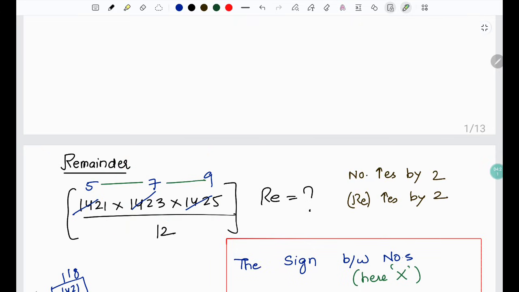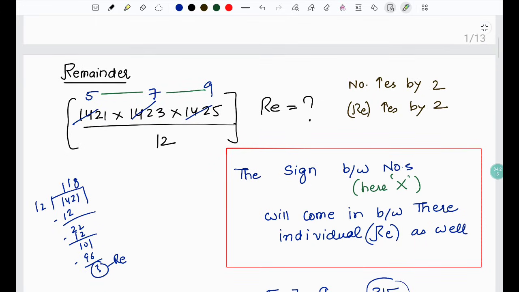For this particular problem, this may not be happening for all cases. As it says in the notes, if the sign between the numbers is multiplication, this same sign will come between the individual remainders as well. Had it been a plus, the addition sign would have come between the remainders as well.